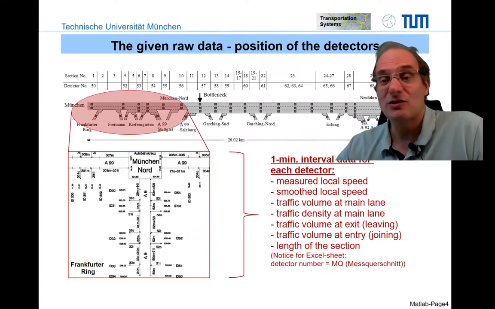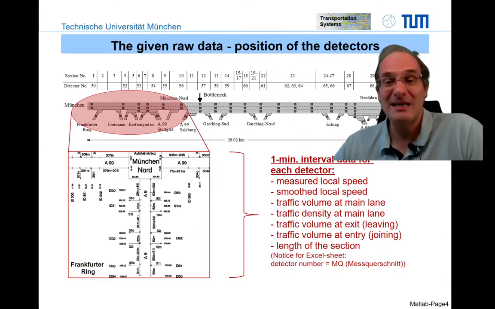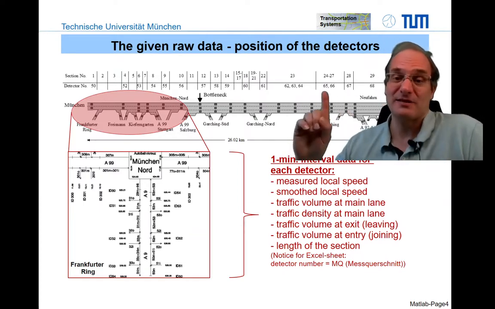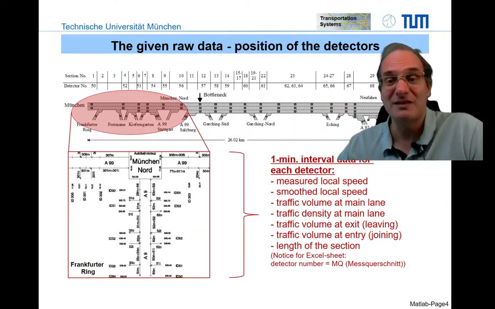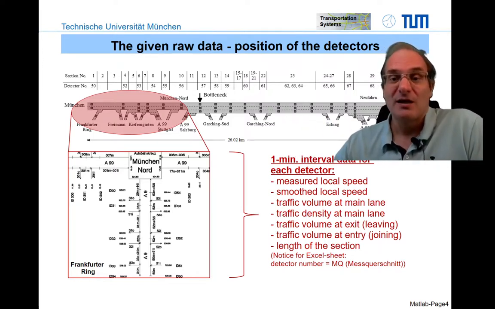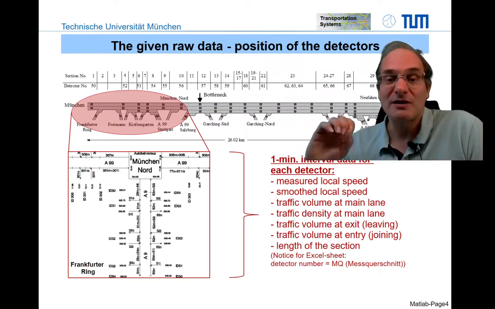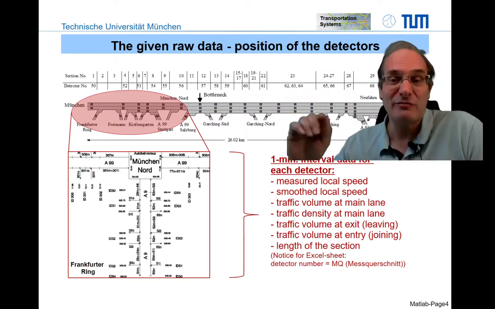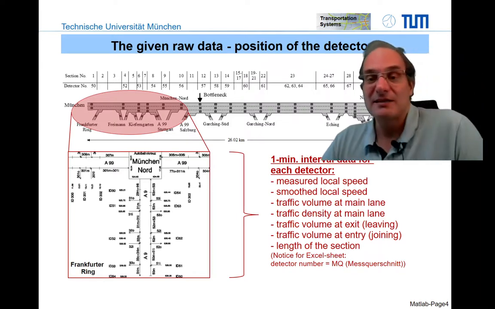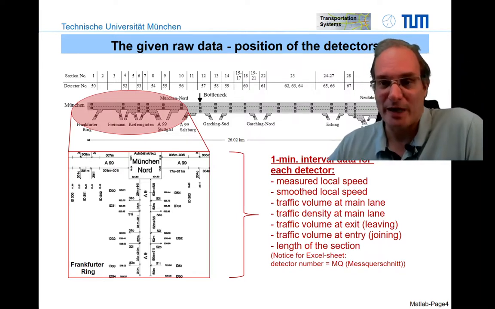In Germany it's called Messquerschnitt, which is the sensor ID, the sensor number, and we have a special distance of the sensor. So if you accumulate all of the lengths, you will get the distance to Munich. The sensor number starts close to Munich, so 50, for example, is Munich, and the last one here, 69, is about 25 kilometers away.